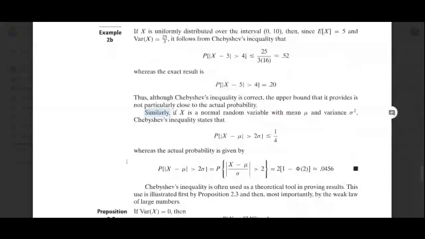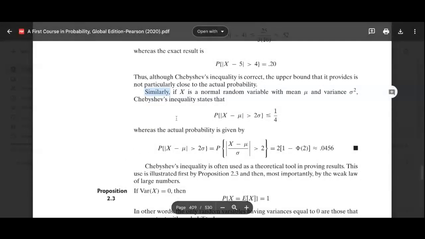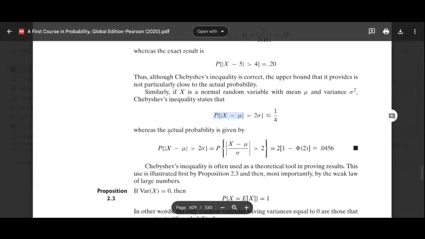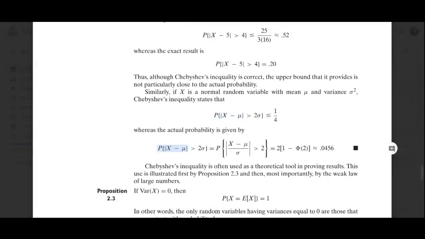Similarly, if X is a normal random variable with mean mu and variance sigma squared, Chebyshev's inequality gives the probability of |X minus mu| greater than 2 sigma is less than or equal to 1 over 4. The actual probability of |X minus mu| greater than 2 sigma is converted into a z-score. We divide by sigma on both sides, so |X minus mu| divided by sigma is greater than 2, and this changes to a z-score.